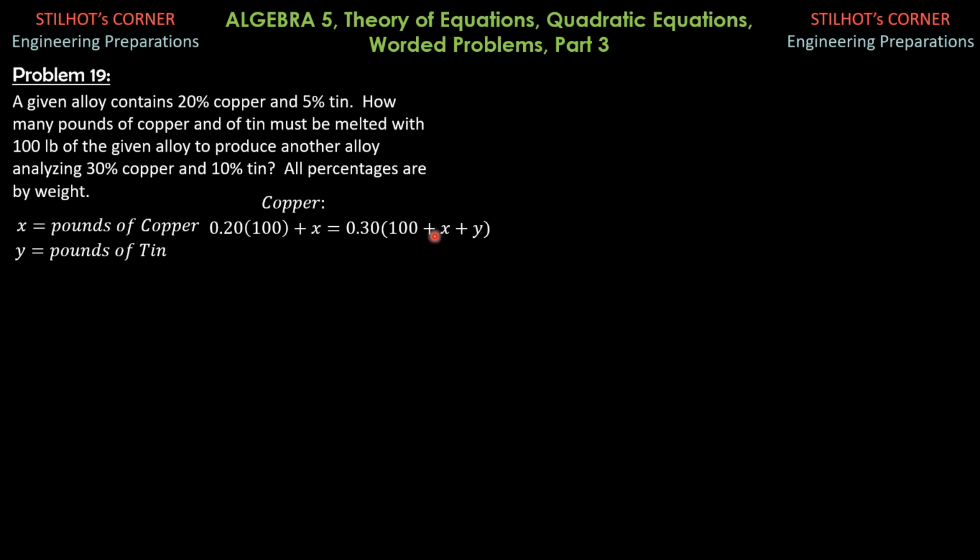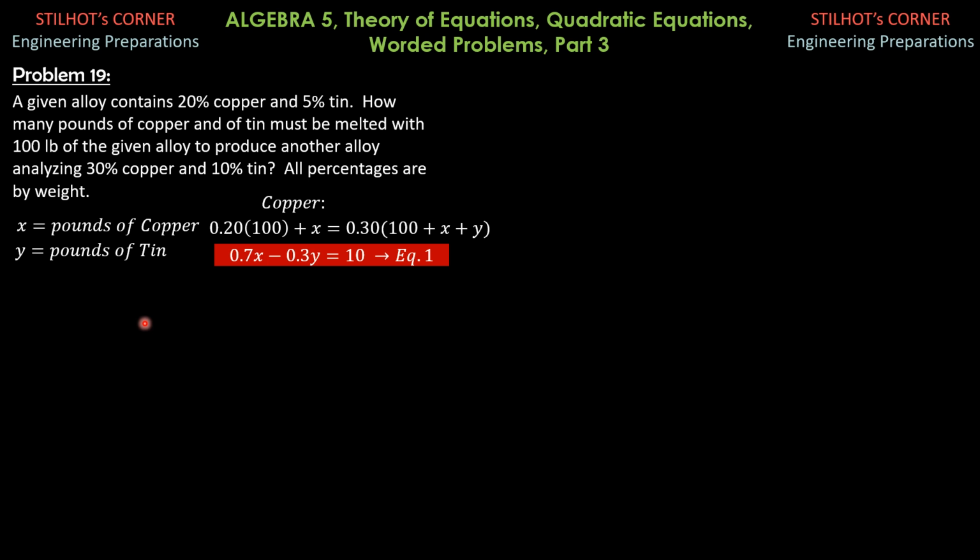So simplifying this equation, 0.7x minus 0.3y equals 10. Call that equation 1.